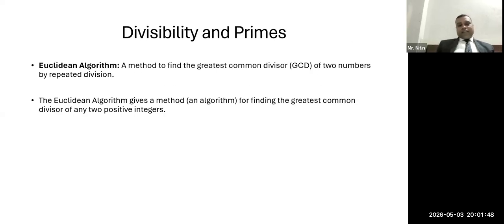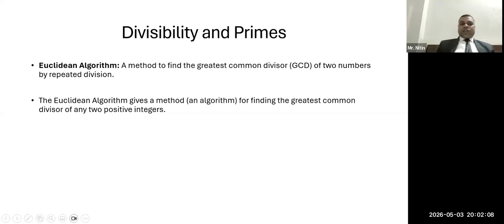Now guys, the next concept is the Euclidean algorithm. For which purpose is this algorithm used? The Euclidean algorithm is a method or algorithm to find the greatest common divisor of two numbers by repeated division.